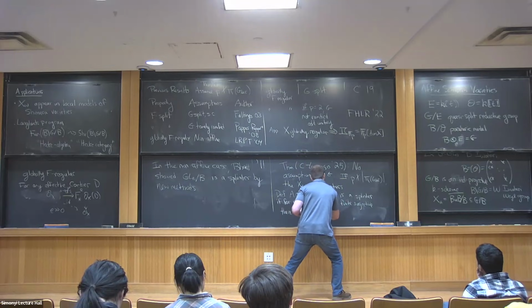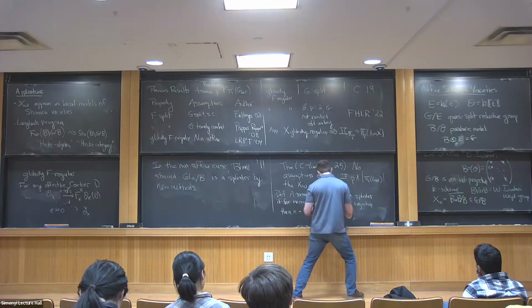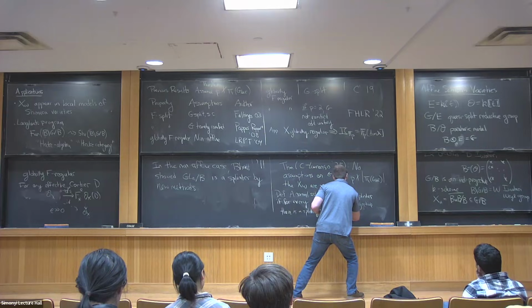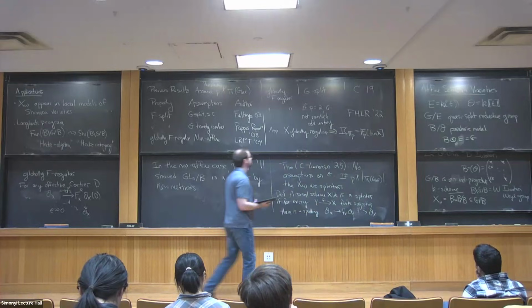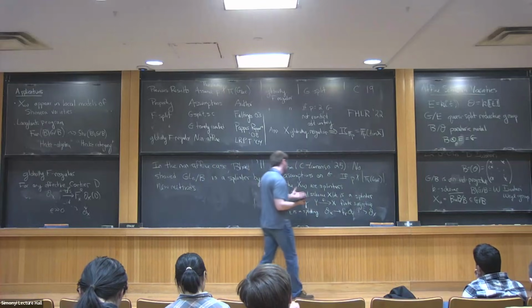So I have the map from OX to F lower star OY, and you should have a splitting phi of this. Okay, so little f is the absolute Frobenius, this is F split.